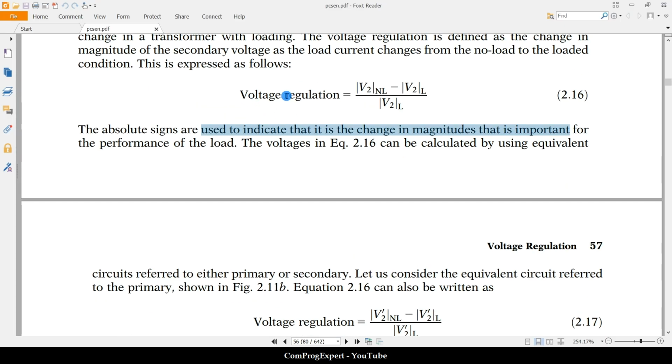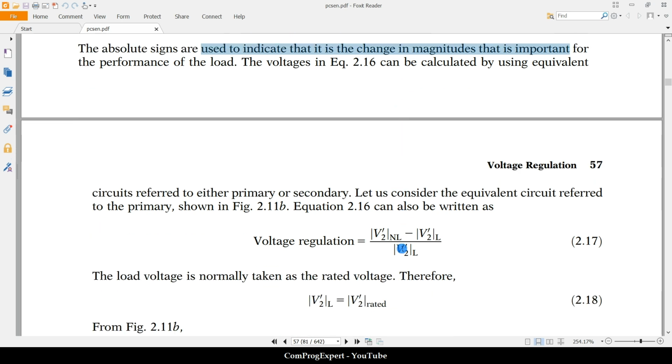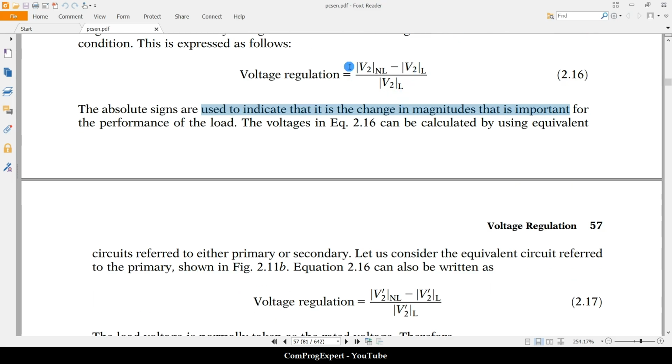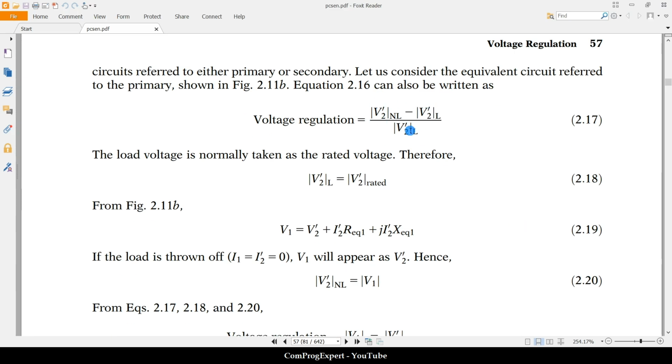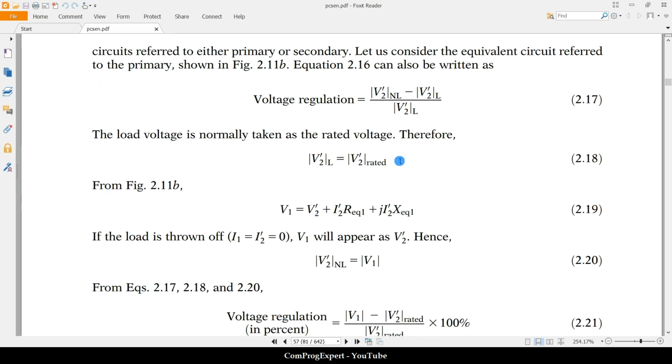We can calculate voltage regulation using other equations, also, if we transfer these quantities to the primary side. So if we translate these quantities to the primary, we can write this equation. Yes, V2 prime at no load minus V2 prime when we have load, just transferring all of the quantities in this equation to the primary side.